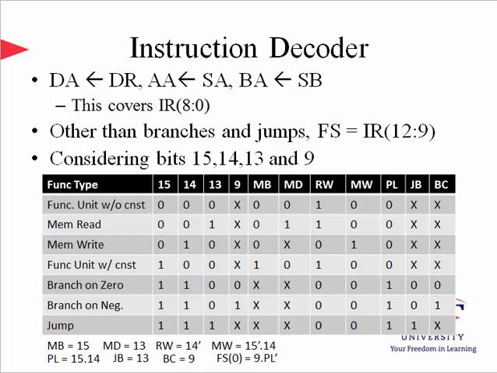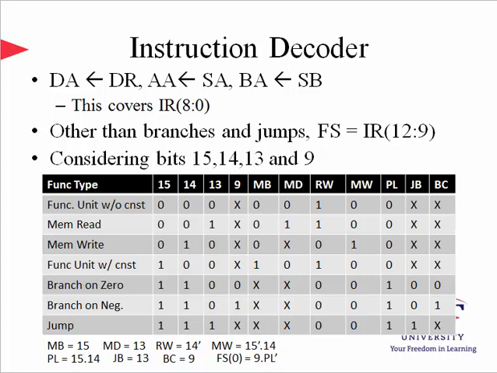Next, we need to determine the relationship between the opcode and the control signals. We first notice that other than branches and jumps, the function select is given by the 10th, 11th, 12th, and 13th bits of the instruction field. If you consider 15, 14, 13, and 9, we can realize that MB is the 15th, MD is the 13th, and RW is the complement of the 14th, and memory write, MW, is the complement of the 15th, ANDed with the 14th.